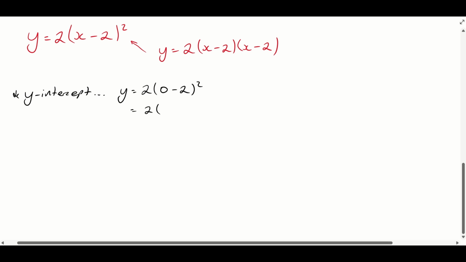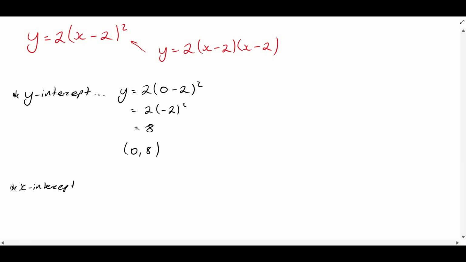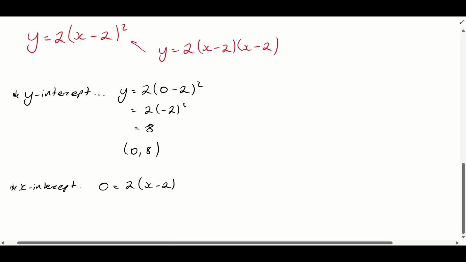So 2 times -2 squared. So we're going to get 8 there in total. So we get a y coordinate of 0, 8 for our y-intercept. If we want to find our x-intercepts, or our roots, or our solutions, remember this is when y is equal to 0. So we now need to solve for when 0 is equal to 2 lots of x minus 2 squared.